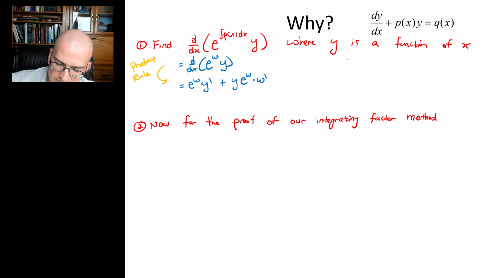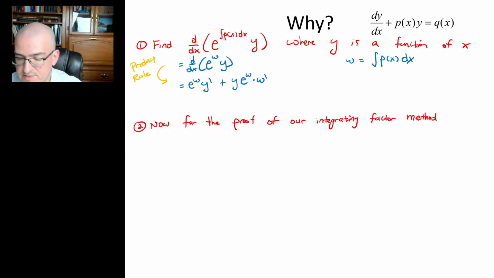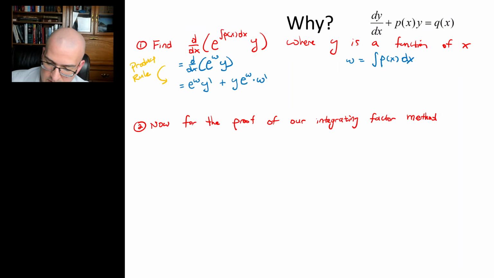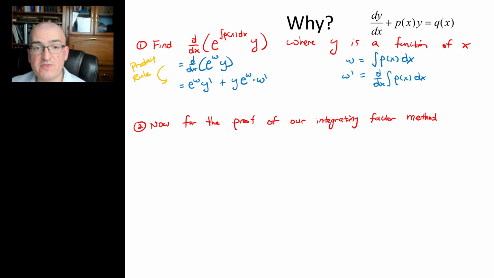Well, what's w? We just said w is the power inside the exponential, the integral of p of x dx. So what's w prime? w prime is the derivative of the antiderivative of p of x. So we take the antiderivative of the function, and then we take the derivative of that.